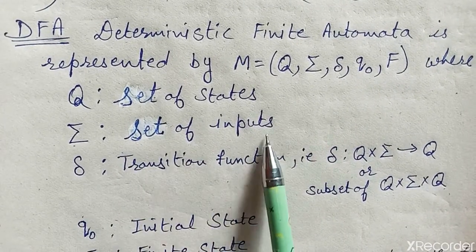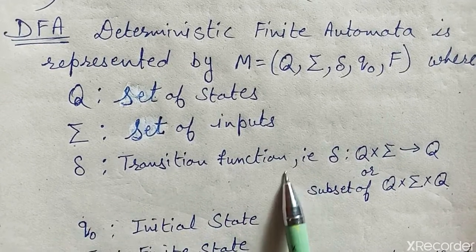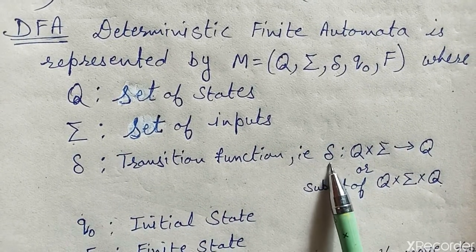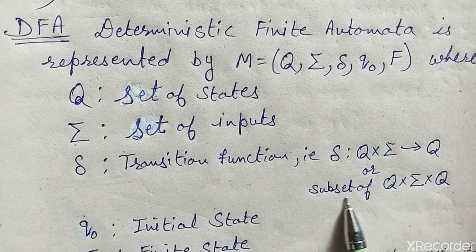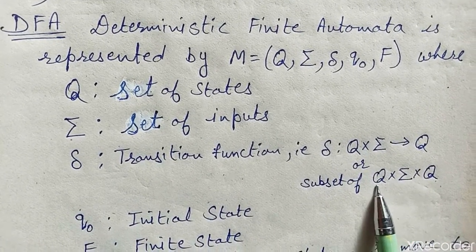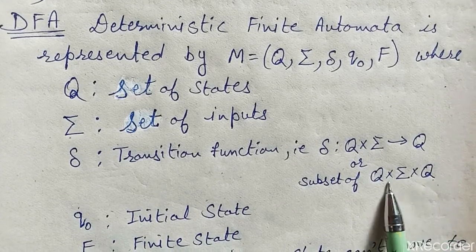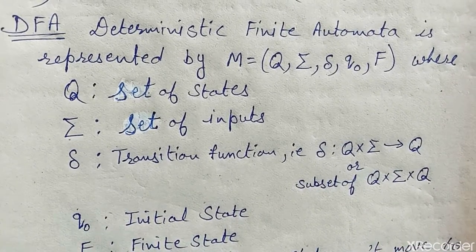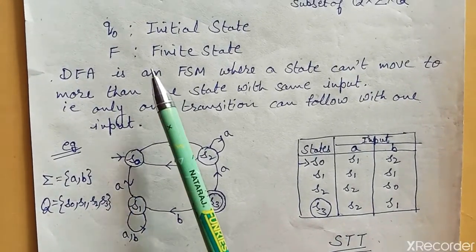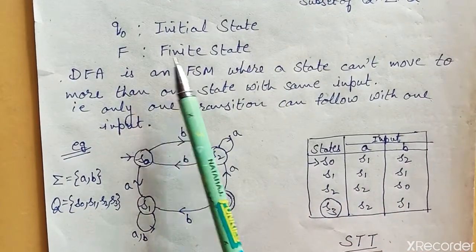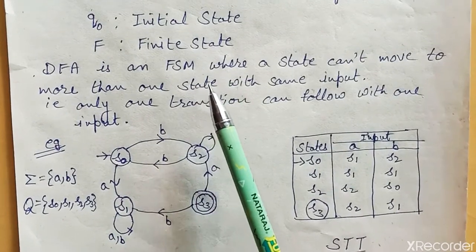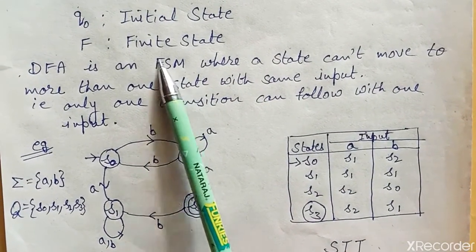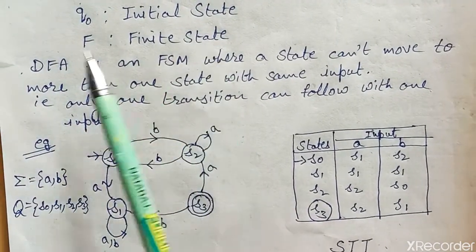Sigma means set of inputs. Delta is a transition function. So delta is from Q cross sigma to Q, or you can say it is a subset of Q cross sigma cross Q. This is Cartesian product. Q naught is initial state and F is final state. So F means final state.